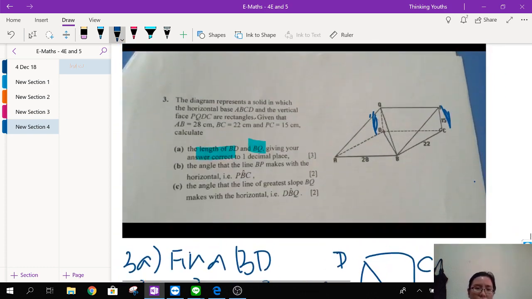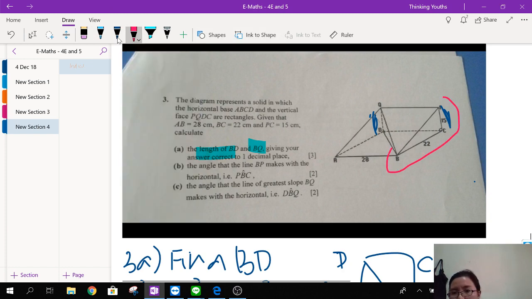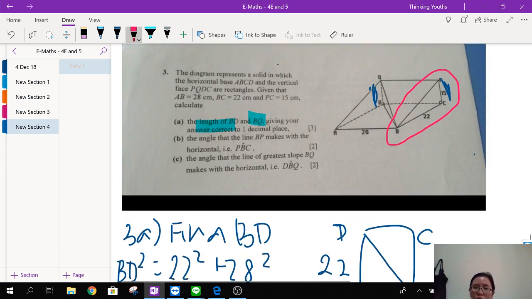Okay. For part B, the angle that the line BP makes with the horizontal. They are trying to say this side of the triangle, so you redraw it.